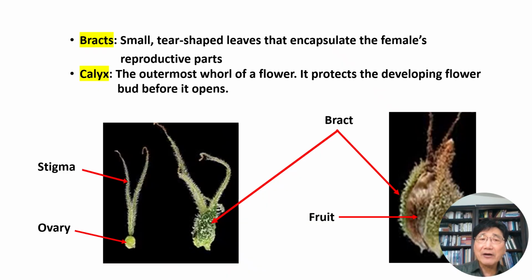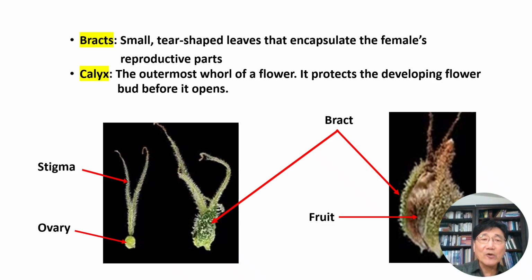Generally, when a leaf is modified and participates in a part of a flower, it is called a bract, like a poinsettia. Some growers call the calyx, which is actually a bract, a small tear-shaped structure that surrounds and protects the ovary. These bracts are covered in glandular trichomes rich in cannabinoids and terpenes.